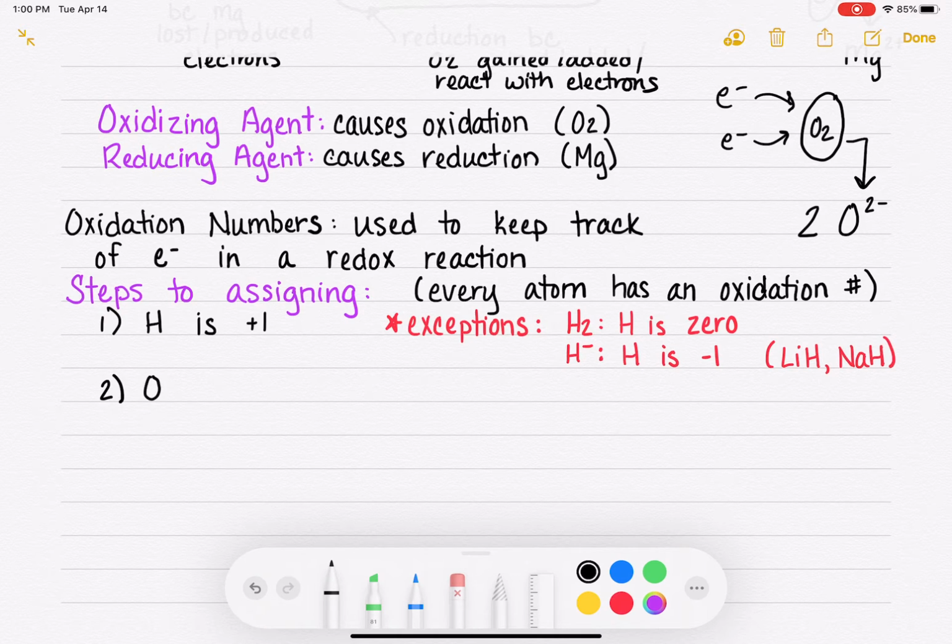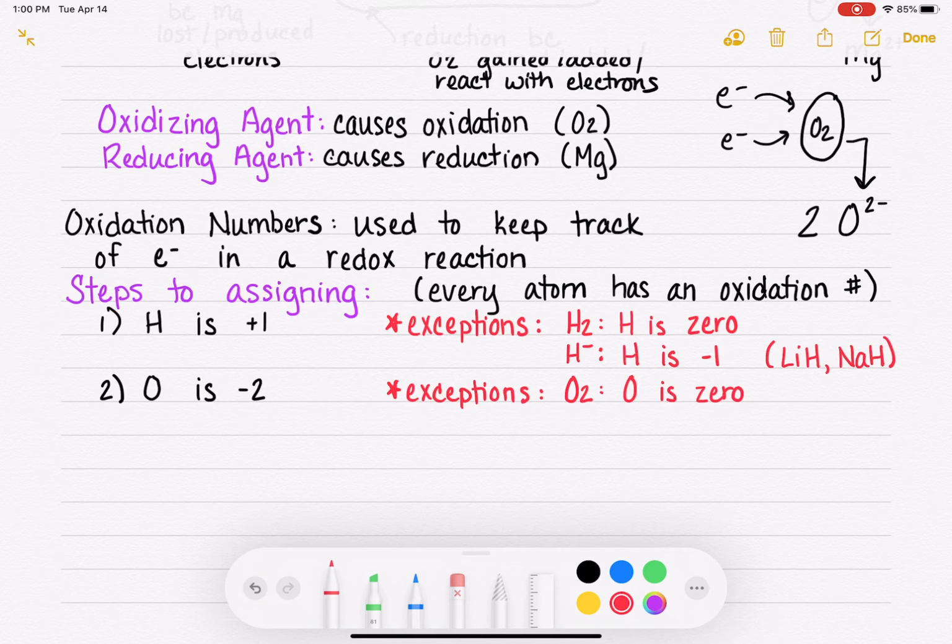Step 2 is about oxygens, and oxygens are always -2. There are some exceptions as well. The first exception is O2, the molecule. In that molecule, the oxidation number of oxygen is 0.